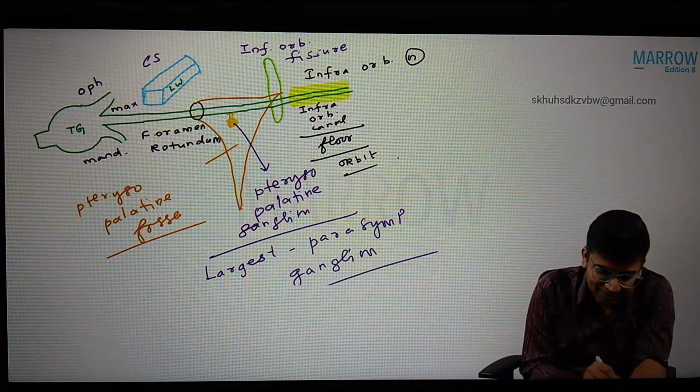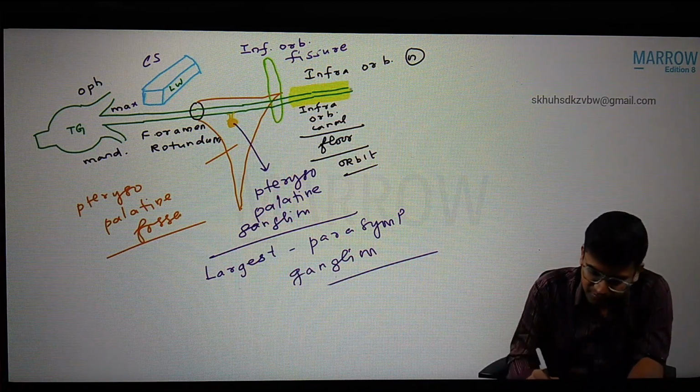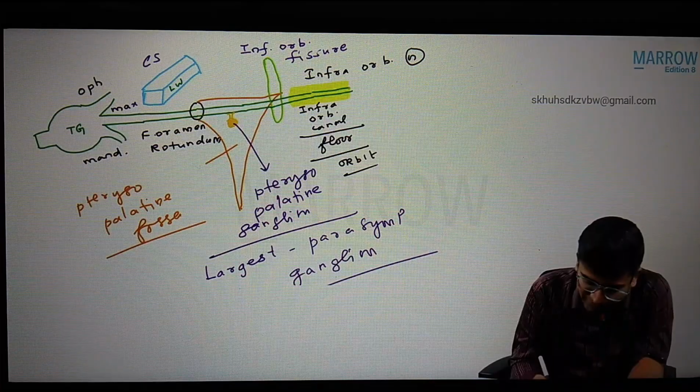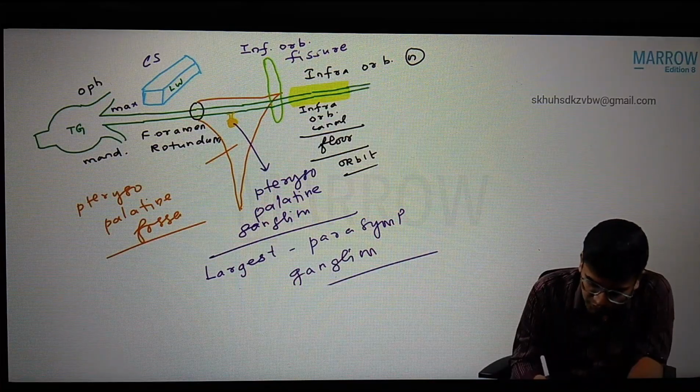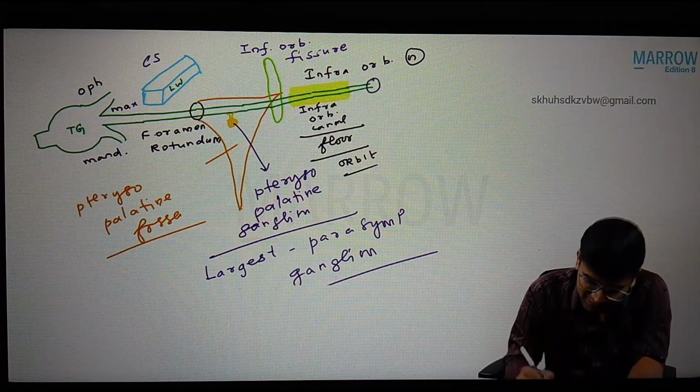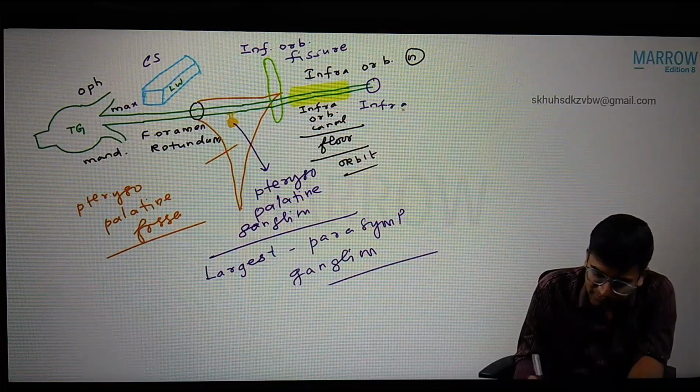Right. And then the nerve will come out of the orbit through the infraorbital foramen. That is our infraorbital foramen.